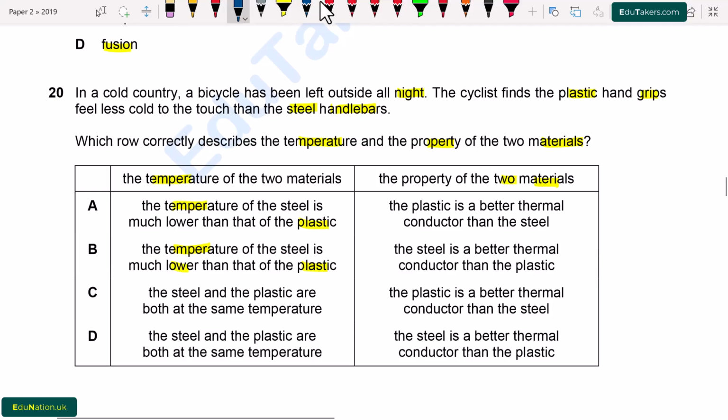This is also incorrect. Option C, the steel and the plastic are both at the same temperature. The plastic is a better thermal conductor than the steel. Option D, the steel and the plastic are both at the same temperature. The steel is a better thermal conductor than the plastic. So option D is correct.